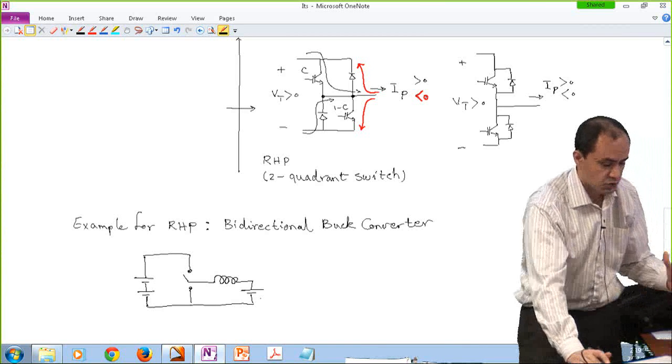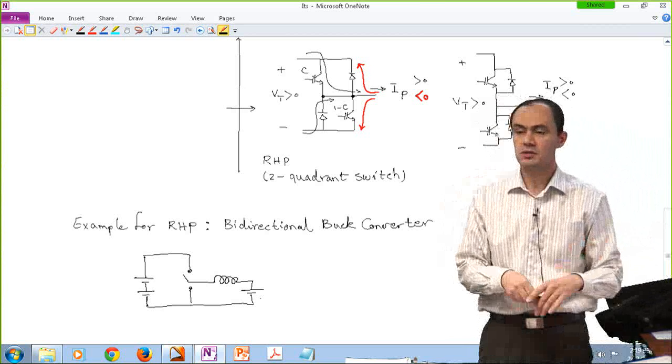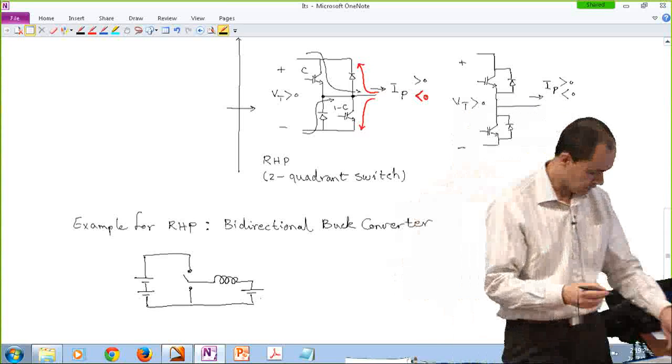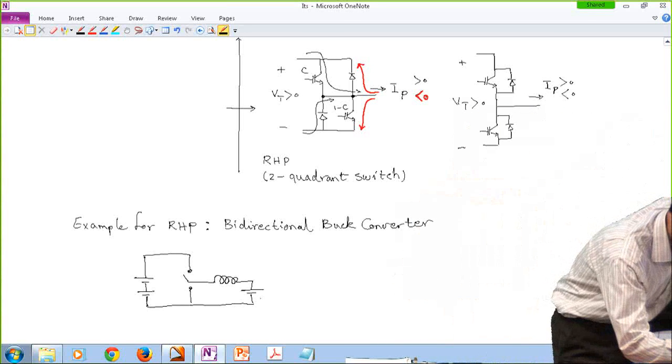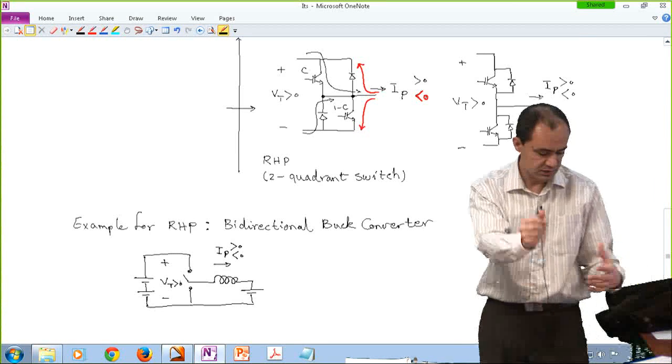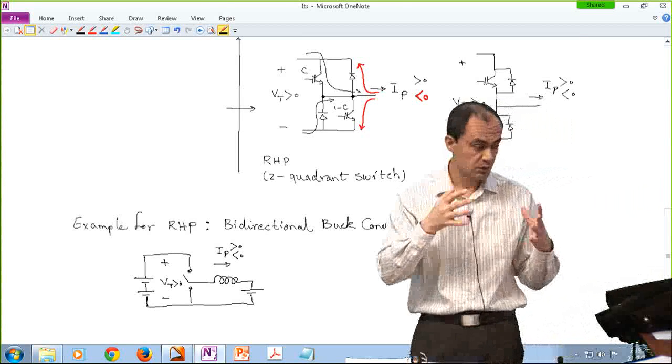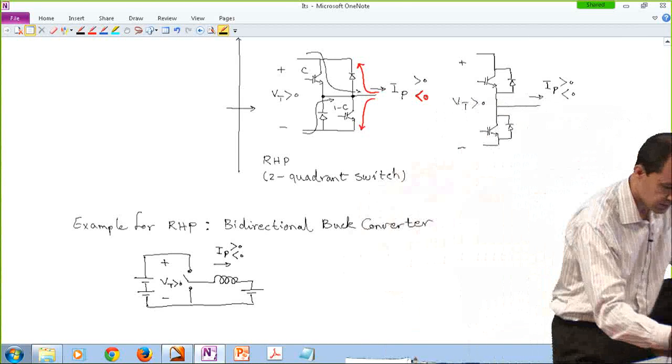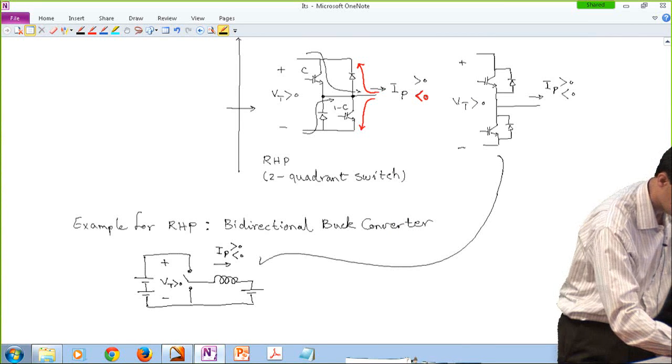So sometimes the charge is flowing from left to right, sometimes it's flowing from right to left. So therefore, this current could be bidirectional. So if you want to realize this system, you can actually use this switch realization over here.